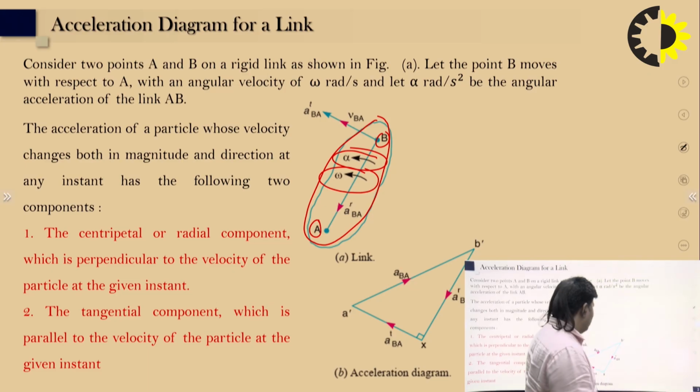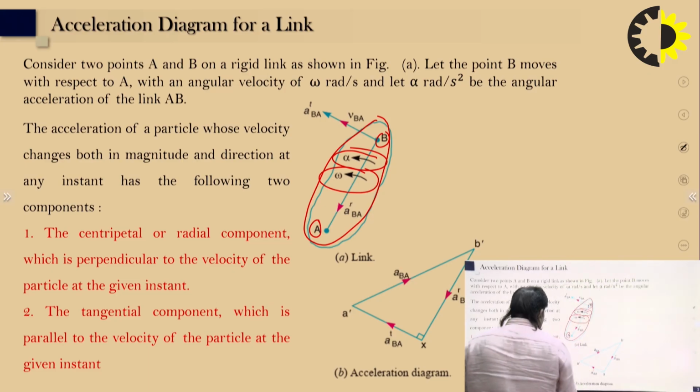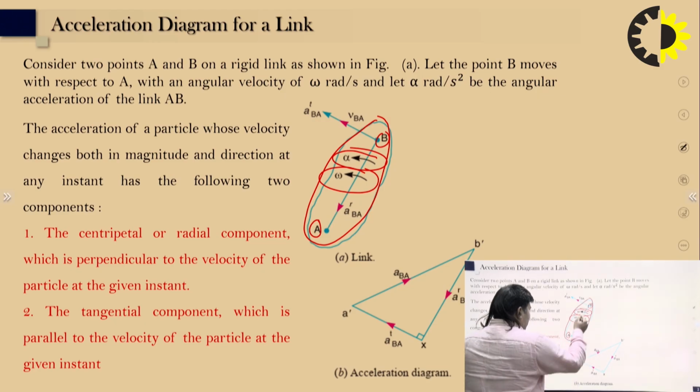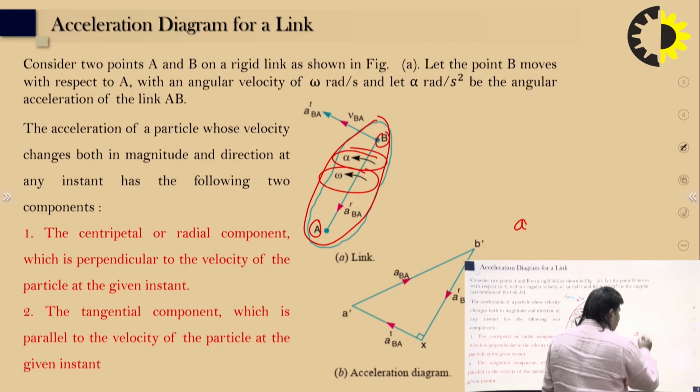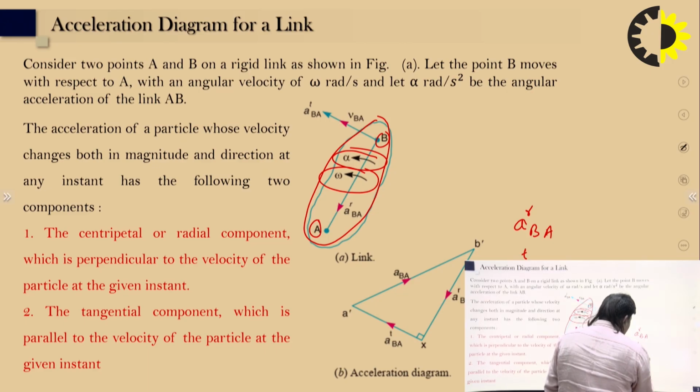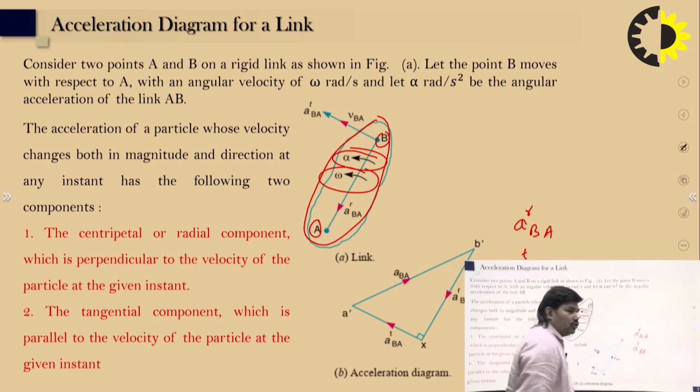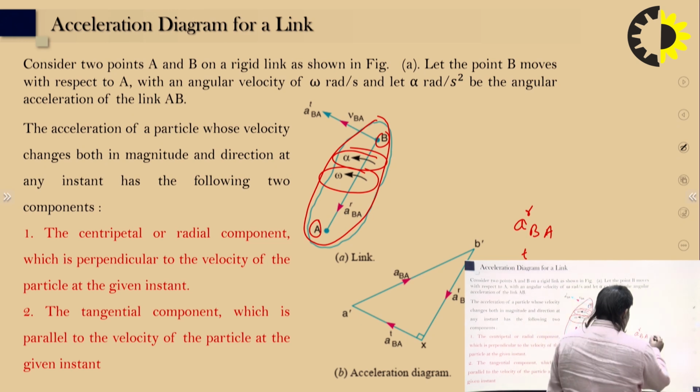We represent the radial component of B with respect to A as a_r^BA, and the tangential component of B with respect to A as a_t^BA.